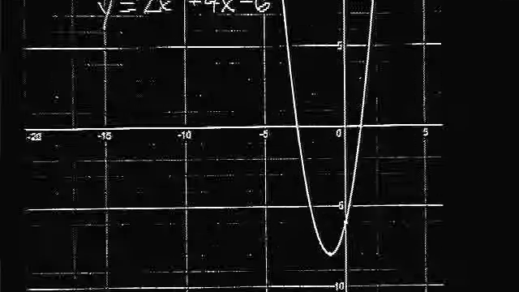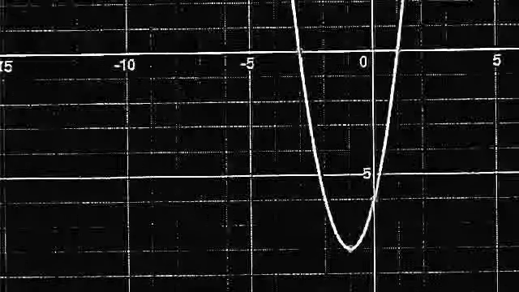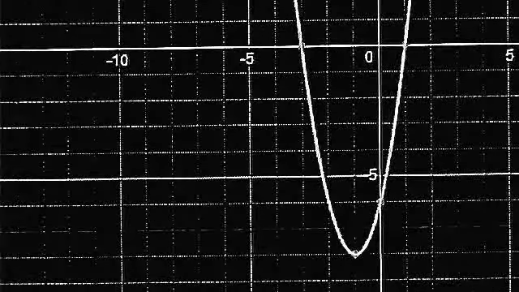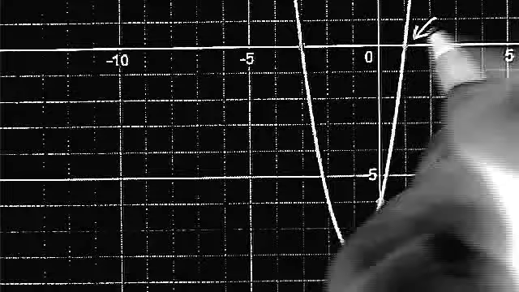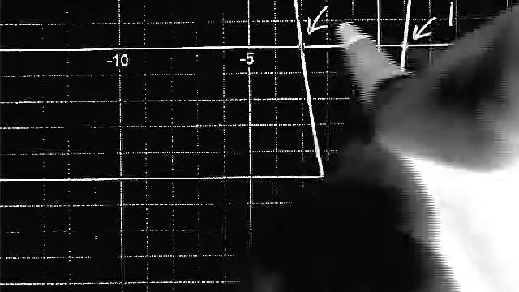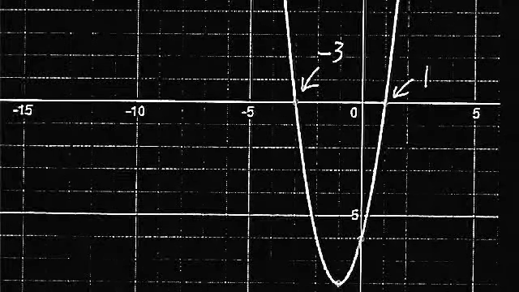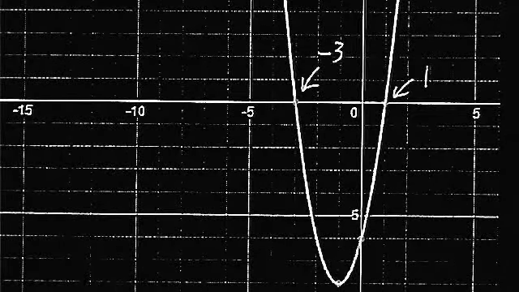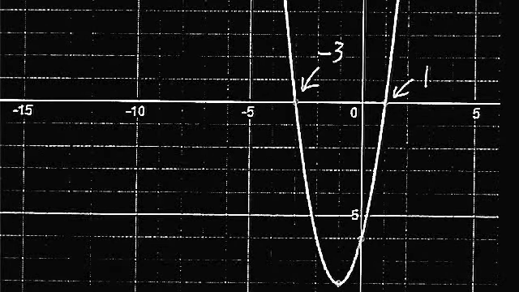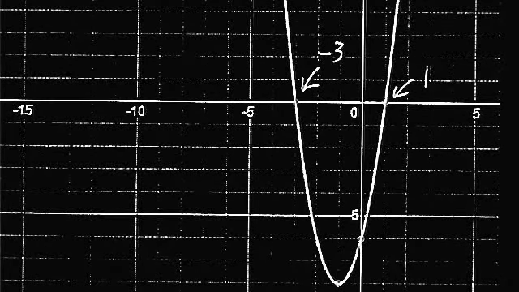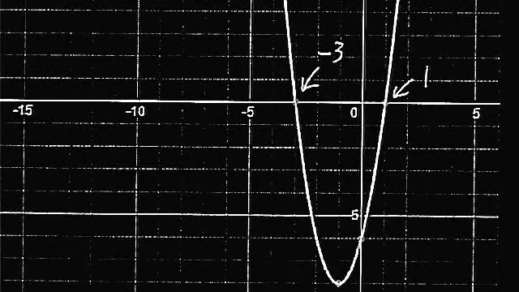And when you zoom in and take a look at the x-intercepts, you see that we have an x-intercept at 1 and an x-intercept at negative 3. So, the idea of factoring these quadratics connects between not only the equation but also the graph.